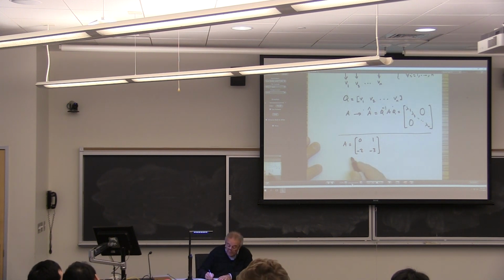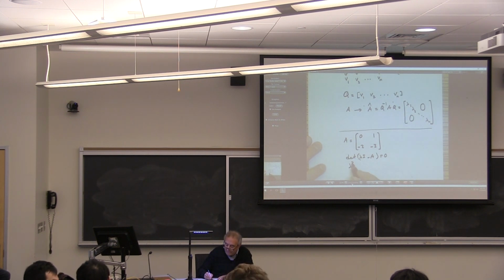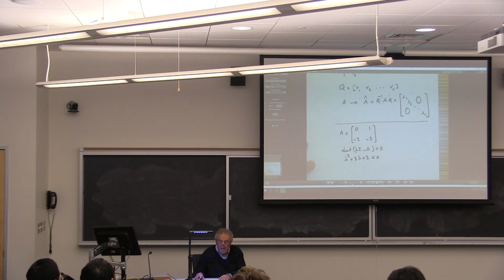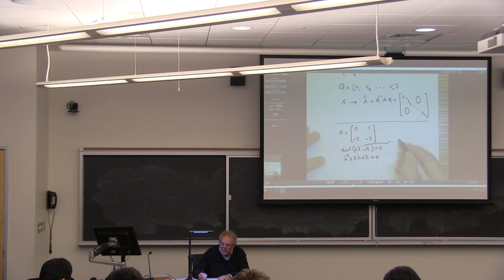So you take the determinant of lambda I minus A. You set it equal to 0. That becomes lambda squared plus 3 lambda plus 2 equal to 0. Is that clear? I could take any other matrix, but I have to calculate the eigenvalues through that lambda I minus A. Okay?